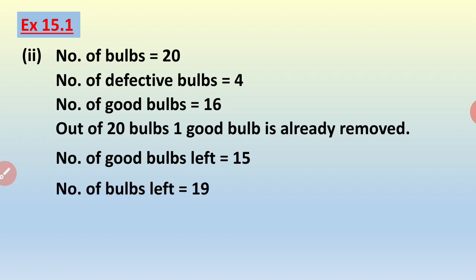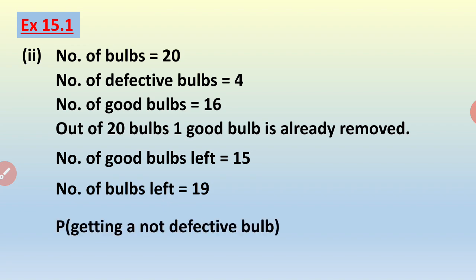Whereas the total number of bulbs left out is 19 only. So the probability of getting not a defective bulb out of this, that means probability of getting a good bulb, will be 15 upon 19, which cannot be reduced further. So we'll leave it as it is.